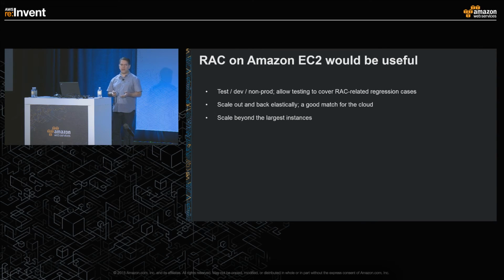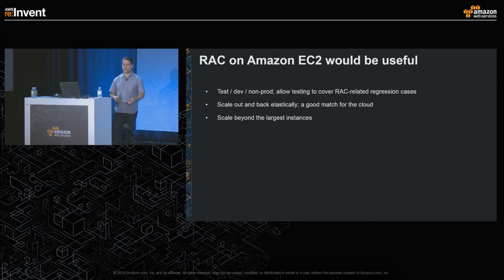Then there's also the question of peace of mind. There are some customers who look at our largest instances, which are pretty beefy on EC2, and say, well, this will do for now with single instance Oracle, but what if our workload exceeds the largest instance that you guys provide? We've got nowhere to go.